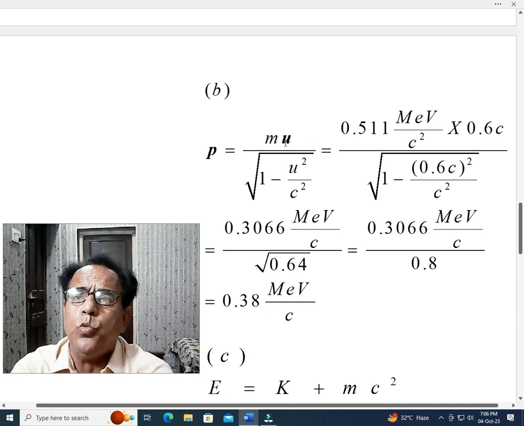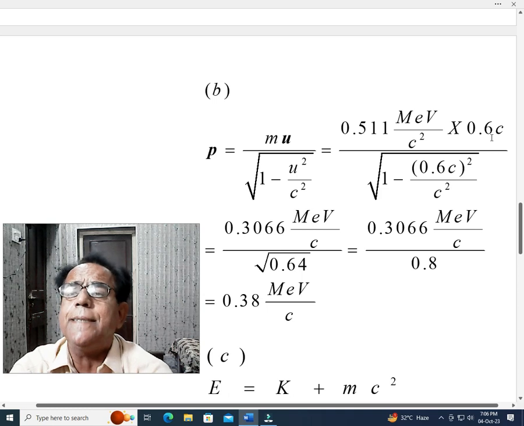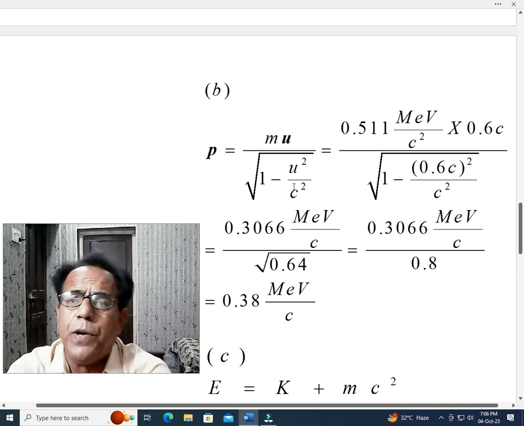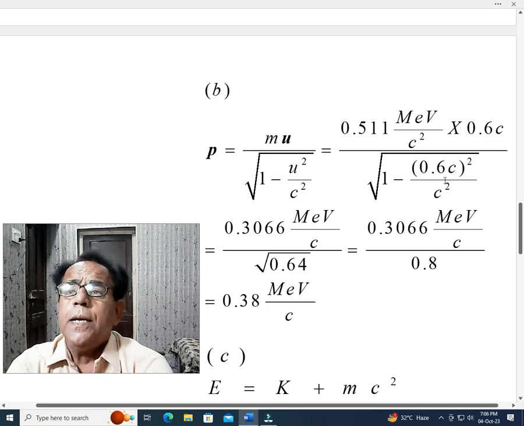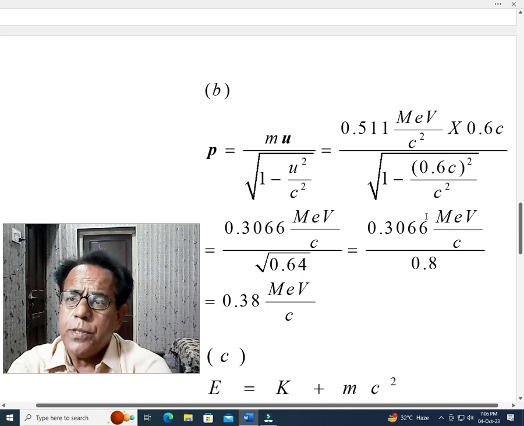Moreover, the value of u is given as 0.6c, that is 60% of the speed of light, over the square root of 1 minus u square over c square. We have already calculated this factor. This c square will be cancelled out with the c square.